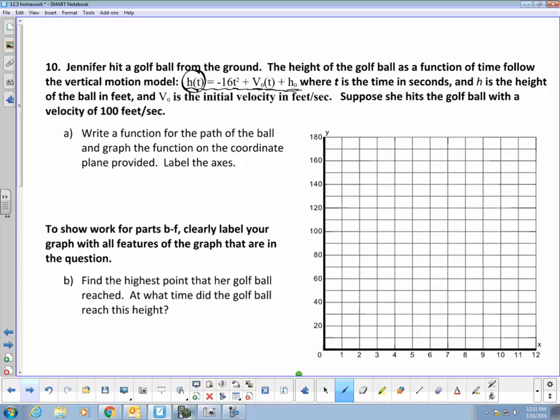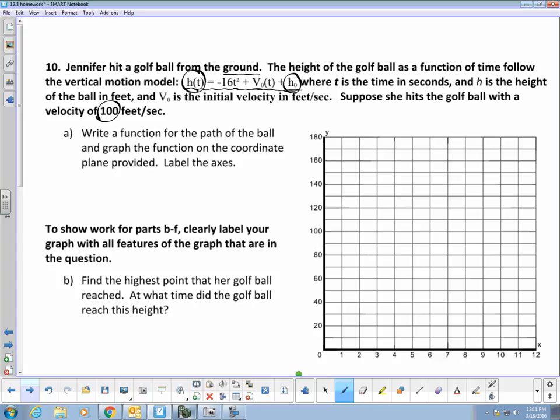So at the beginning, when the situation begins, where is the height of the golf ball? And in this situation, it says that we have an initial velocity of 100 feet per second, and I'm going to say that the ball is being hit from the ground. So that means my initial height is 0.